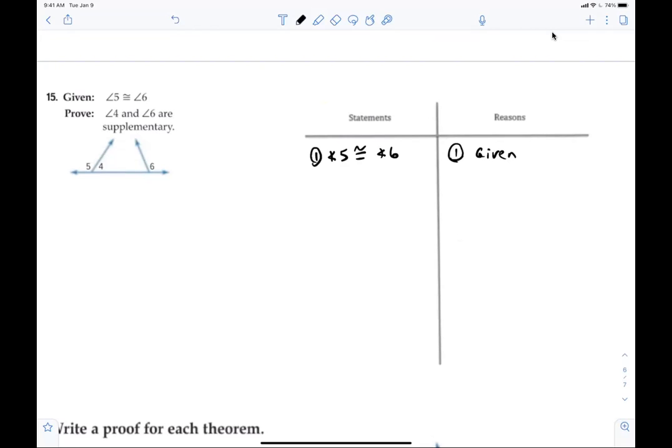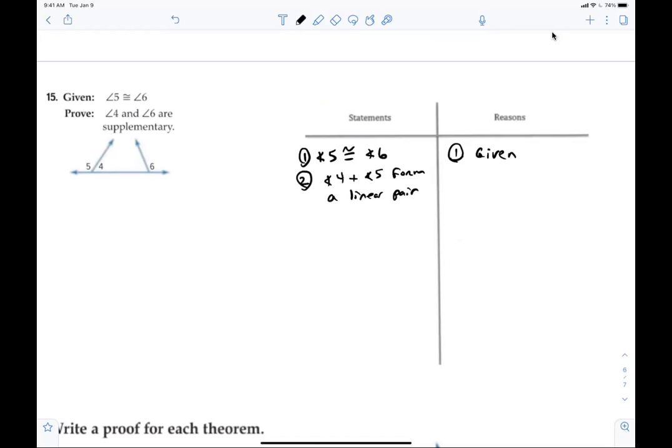Yes. Now, okay, so I don't mind you saying that, but I think the first thing you have to say is angle 4 and angle 5 form a linear pair. Okay, again, minor technicalities. And again, if you don't do it exactly the way I'm doing it on the test, it doesn't matter.